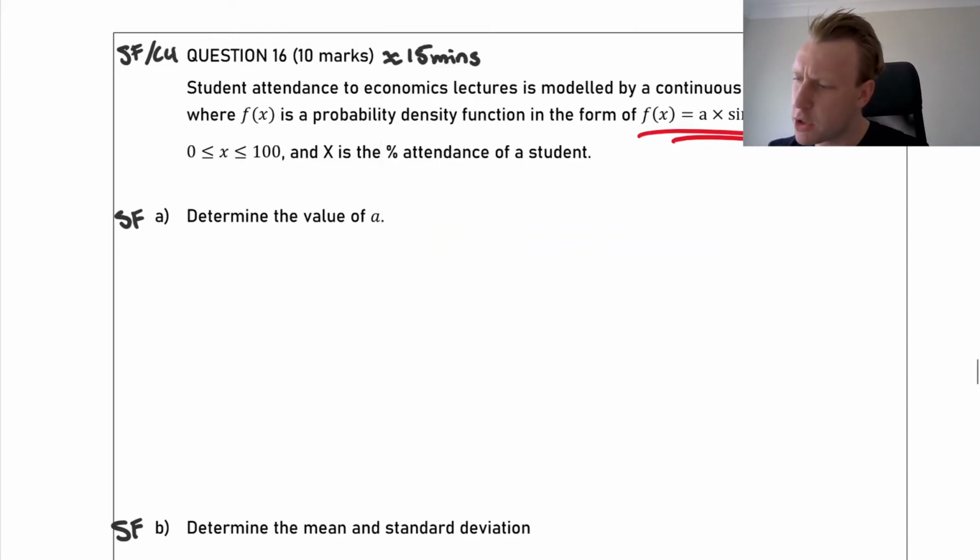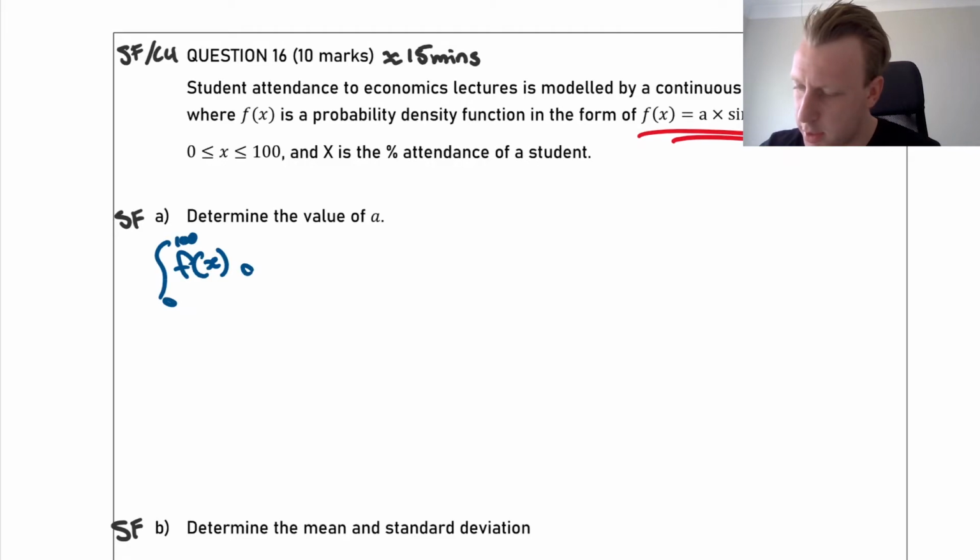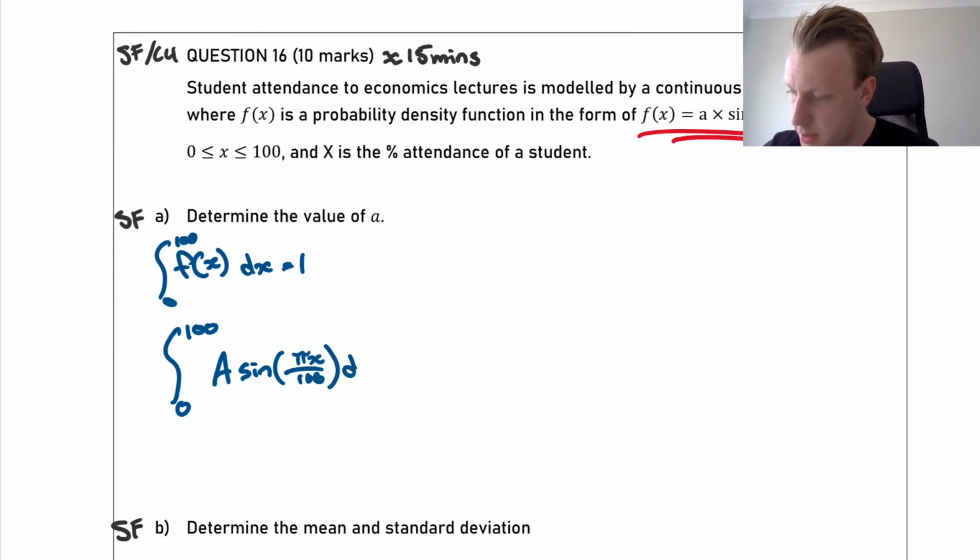Okay, so if I'm determining the value of a here, I know that my PDF, the integral from 0 to 100 dx is equal to 1, because it's a PDF, so the area under the curve is equal to 1. So the integral from 0 to 100 of capital A sine of pi x over 100 dx equals 1.